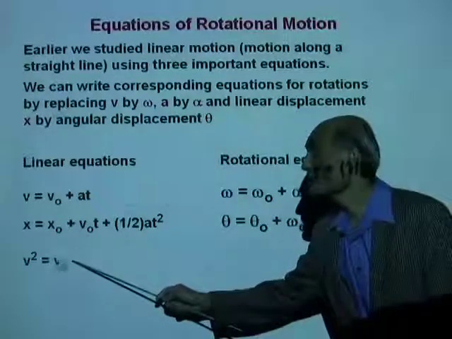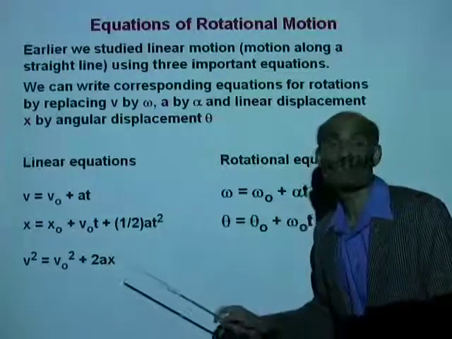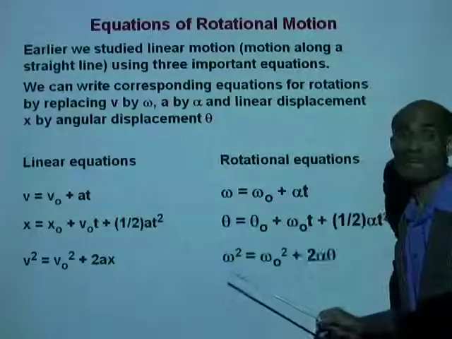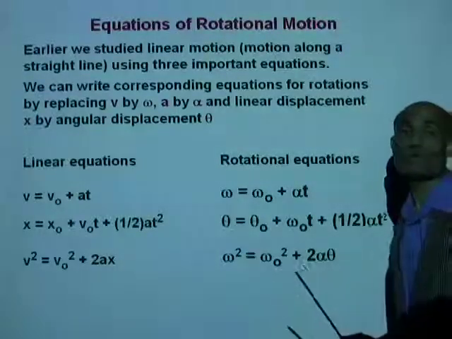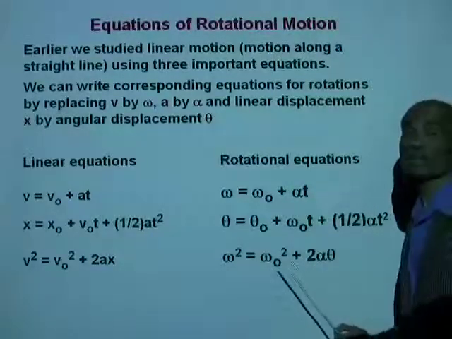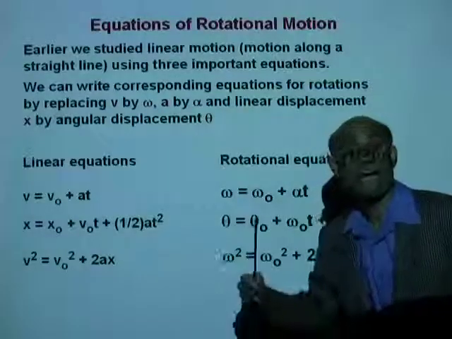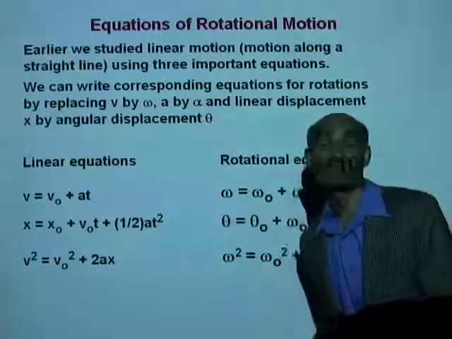What is the third linear equation? v squared equal to v0 squared plus 2ax, and in rotation it becomes omega squared equal to omega 0 squared plus 2 alpha theta. You can see I have used here omega for omega f, v for vf.